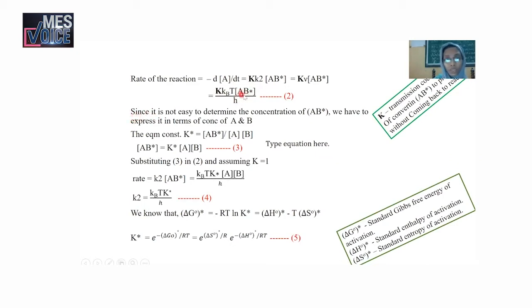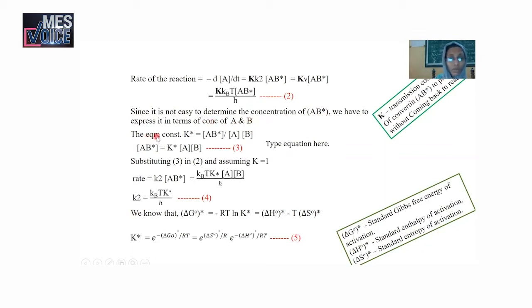So we know that the activated complex is a high energy species. As it is formed, it is converted either into product or into the reactant. So it is not easy to determine the concentration of AB star. So we have to express the concentration of AB star in terms of the concentration of the reactants A and B, because we take A and B with a certain known concentration.